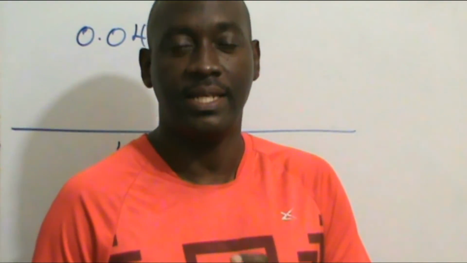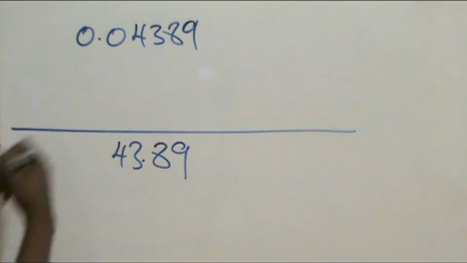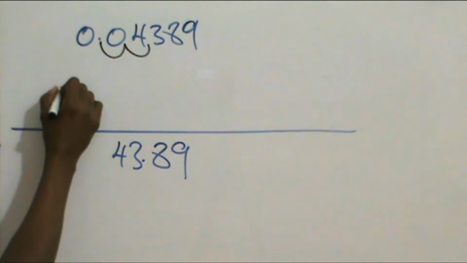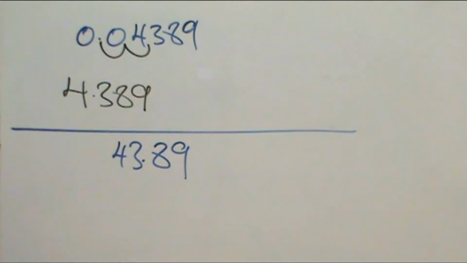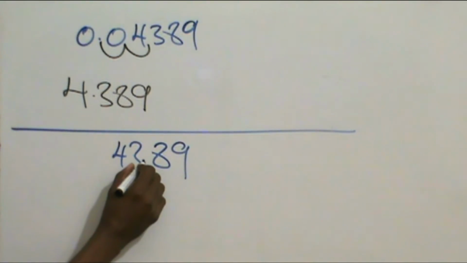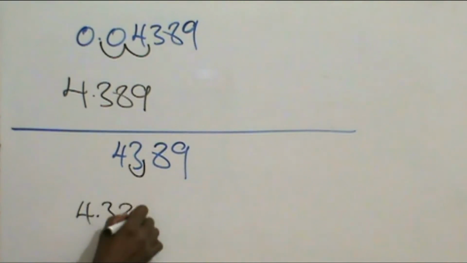The first step again is to place a decimal point immediately after the first significant figure. In this case, we move the decimal point one place, two places, so we end up with 4.389. Same thing here. In this case, we move the decimal point one place. Here we get 4.389.